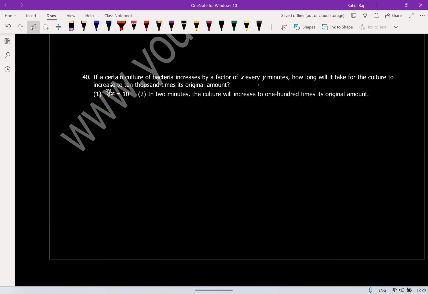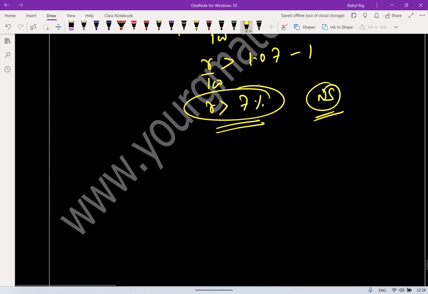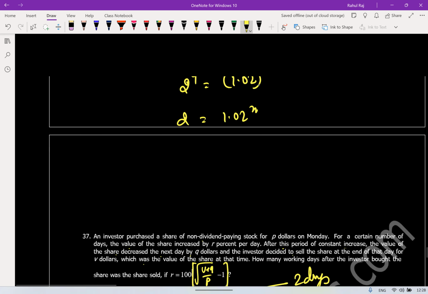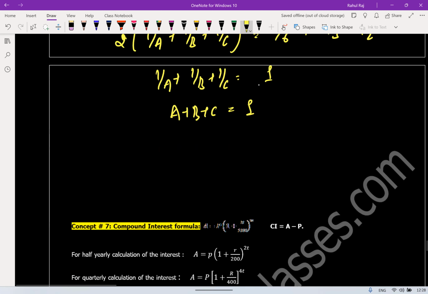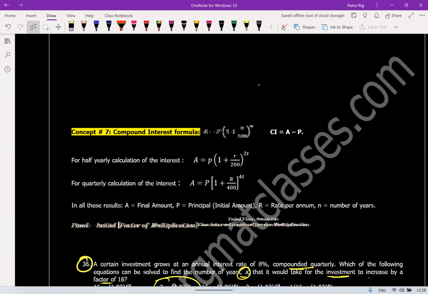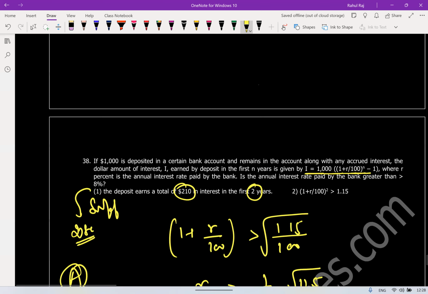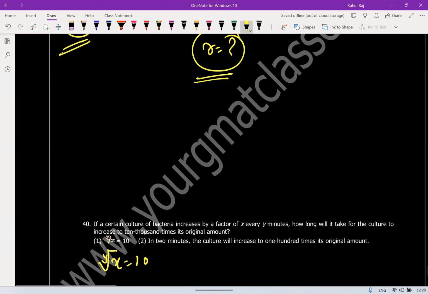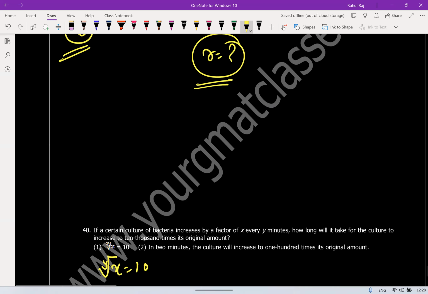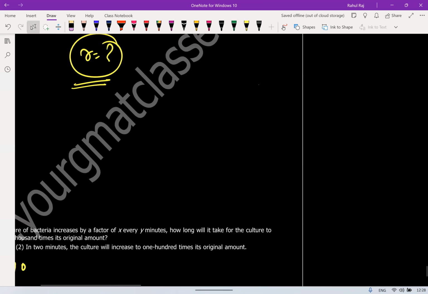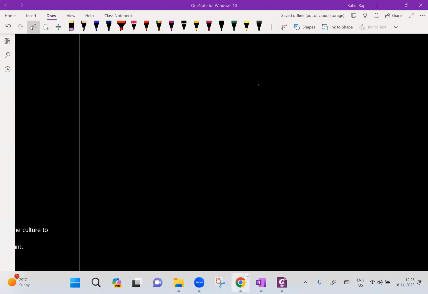So question number 40. Before you get into this question, there's one theory in front of you. You need to understand this formula.